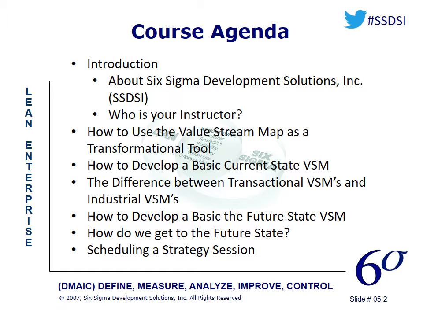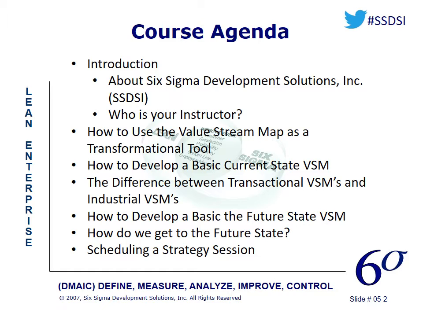We'll talk about how to use the Value Stream Map as a transformational tool, an excellent tool, especially one of the tools that's used in the initial implementation of a Lean project or of Lean as a whole. We'll talk about how to develop a basic current state value stream map. We'll talk about the difference between transactional VSMs and industrial.